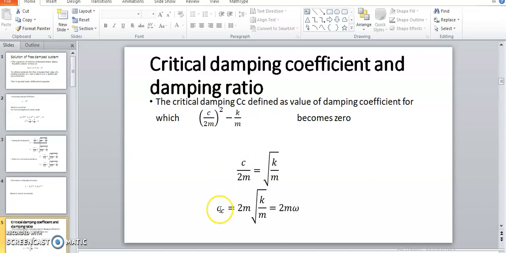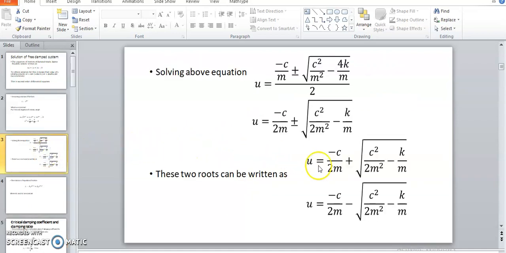So this critical damping coefficient Cc is nothing but the damping coefficient C when these two roots become equal.